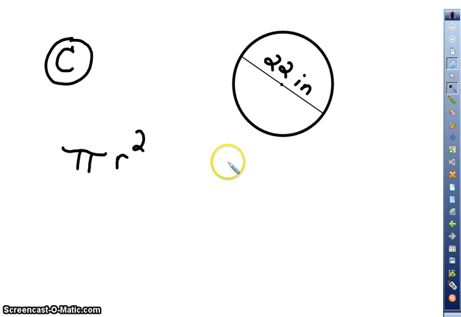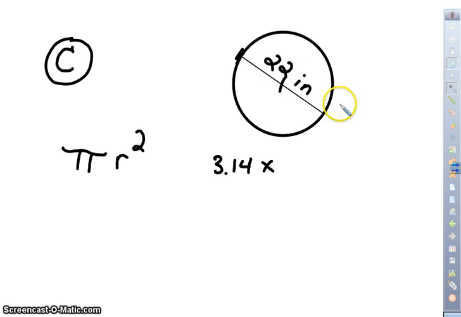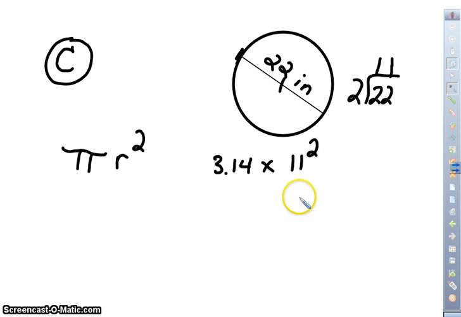All right, so you're going to take my 3.14 times the radius. And again, this is the diameter that's given. Sometimes they'll give you the diameter, sometimes they'll give you the radius. So you've got to pay attention to that. We only need to find the radius. And again, 22 divided by 2 gives me my 11. So 11, and again, it is squared.